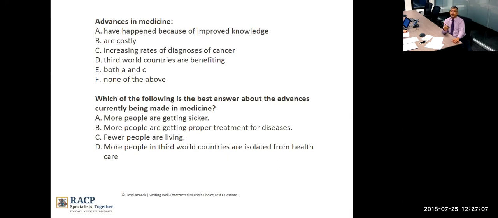So for example, if we say, which of the following is the best answer about the advances currently being made in medicine? You now know that all the options that are available are going to be more parallel, they're going to be clearer, they're going to be less confusing, and it's going to be less tricky. And you're also, as the writer of the question, clarifying what your objective is and what you're trying to get out of this question. Okay?